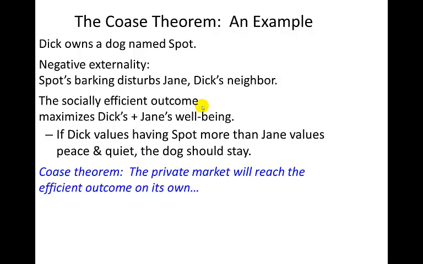What the Coase theorem says is that Dick and Jane will bargain over whether Spot should stay or go. As long as we assign a right to either Dick or Jane, they can bargain over this right. We could assign Dick the right to keep his dog, or we could assign Jane the right to peace and quiet.